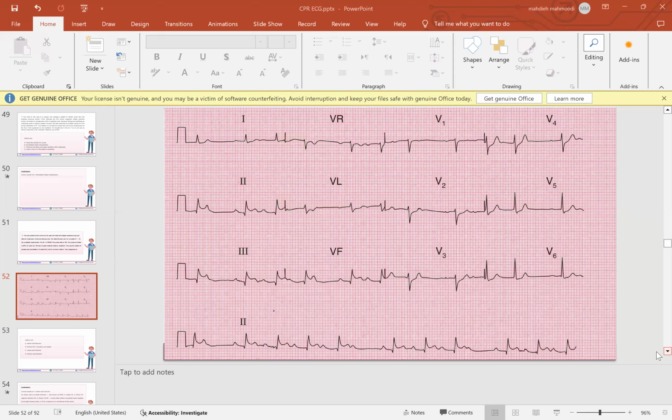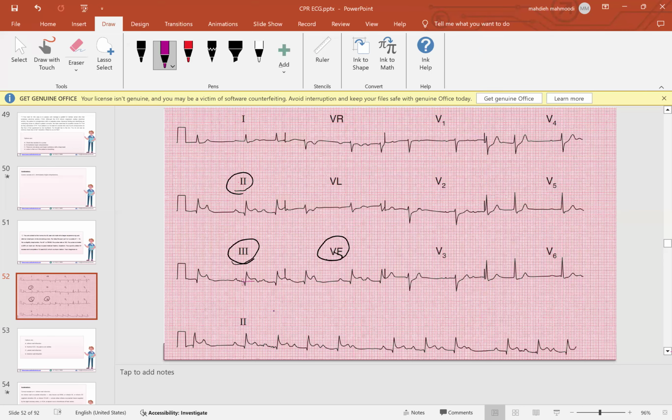So as you can see here in leads 2, 3, and AVF, you have ST segment elevation. Leads 2, 3, and AVF are called the inferior leads. They show you the inferior part of the heart, which is partly on the right side.